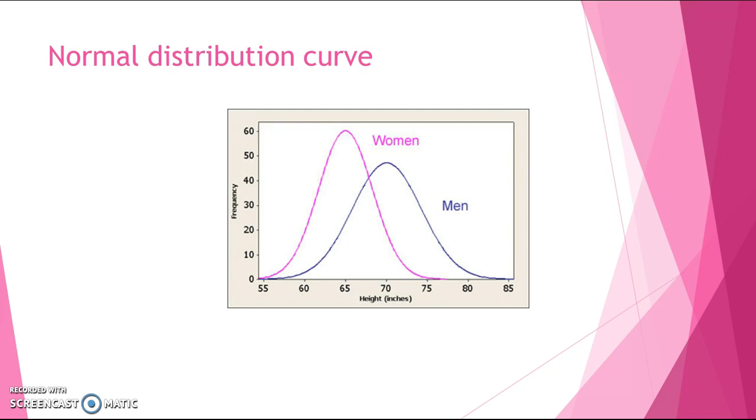However, the shape of the curve will not always be symmetrical. Sometimes the curve of the graph will be asymmetrical, meaning the data is not distributed normally. The shape of the curve can either be positive or negative, depending on the direction of the skew.